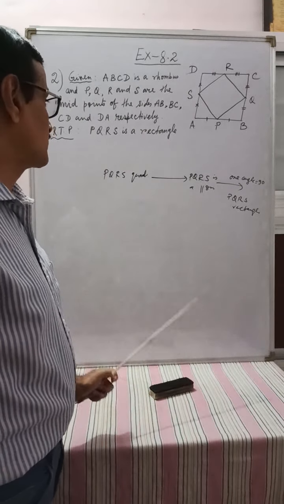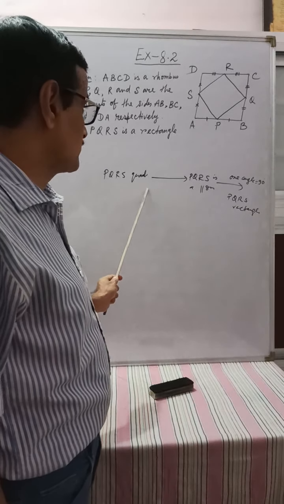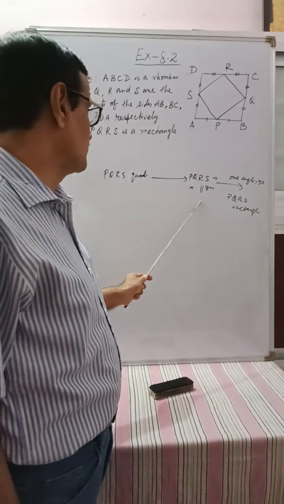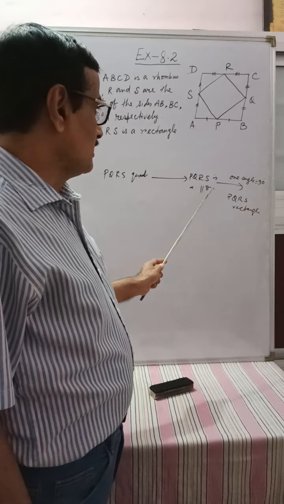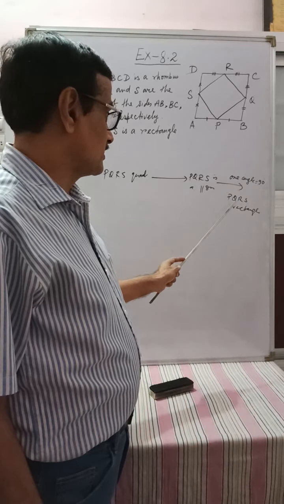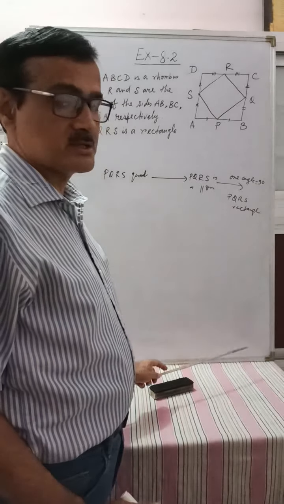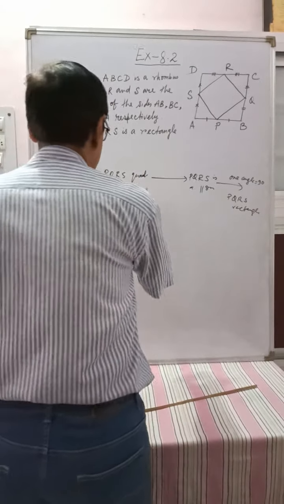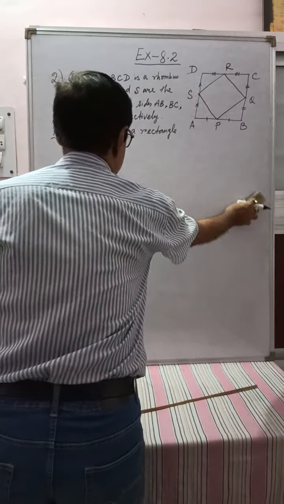So first from PQRS quadrilateral we will go to PQRS parallelogram, and then if we can prove one angle of this parallelogram is 90 degrees, it will be proved that PQRS is a rectangle. And for that there is a construction.